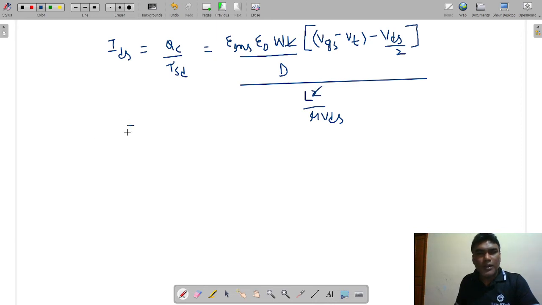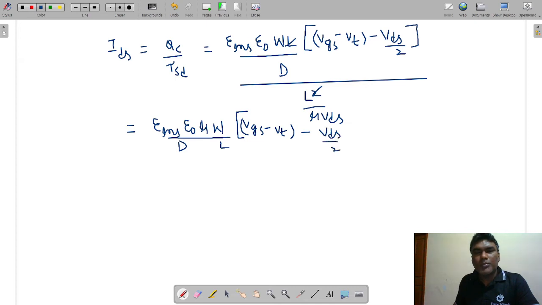We can rewrite this equation: epsilon insulation, epsilon naught. So mu is multiplying over here, mu into W by L by D, and this VGS minus VT minus VDS by 2, and this VDS is multiplying over here.